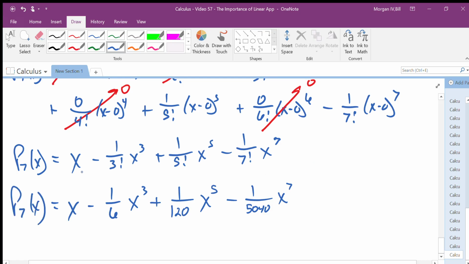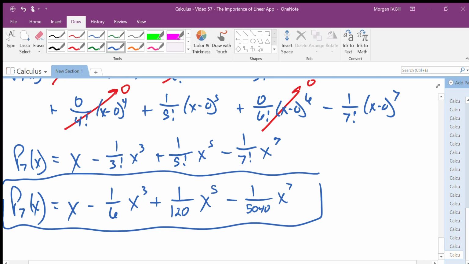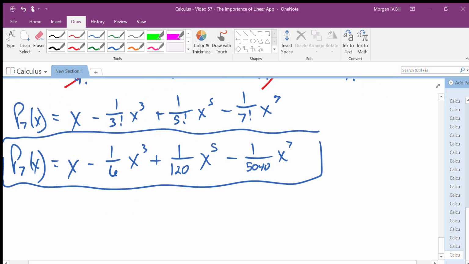Now let's plug that into Desmos and see how good of an approximation that polynomial is to f of x equals sine of x. All right, let me bring that one in.